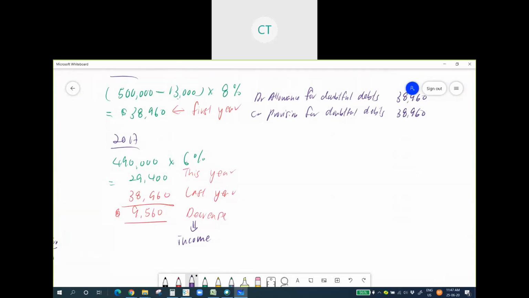Our double entry will be debit provision for doubtful debts, and we credit allowance for doubtful debts. Value 9,560.